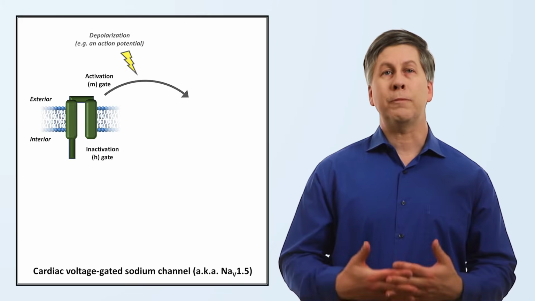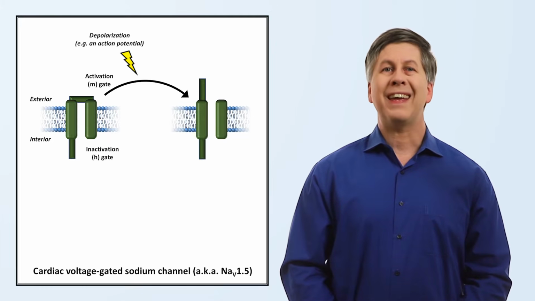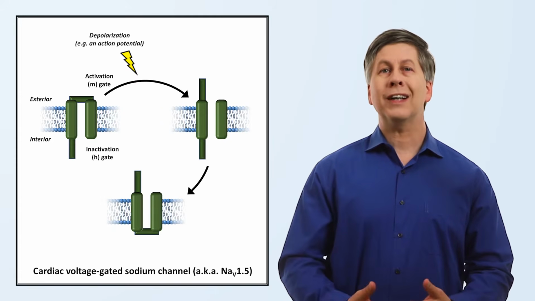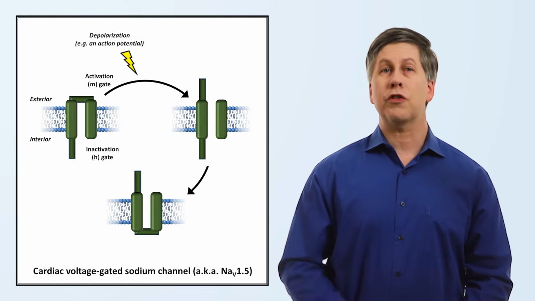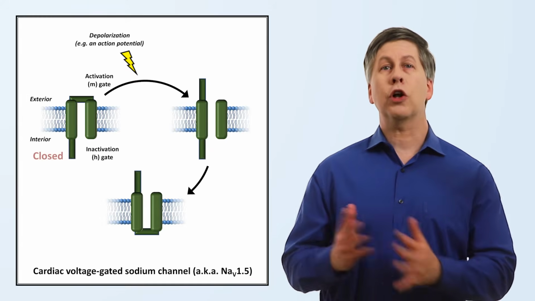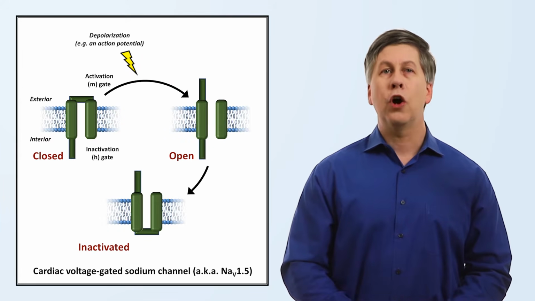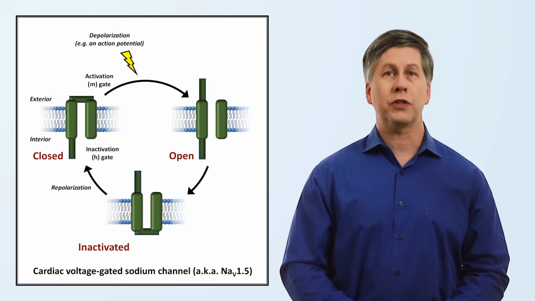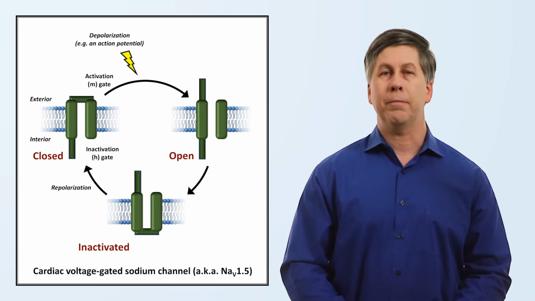When the membrane is depolarized, the activation gate opens relatively quickly, while the inactivation gate closes relatively slowly. The consequence of these two specific gates is that NaV1.5 has three states. Rather than just being open versus closed, it has closed versus open versus inactivated. Once inactivated, only repolarization returns the inactivated channel back to the closed state, at which point a subsequent depolarization can open it again.